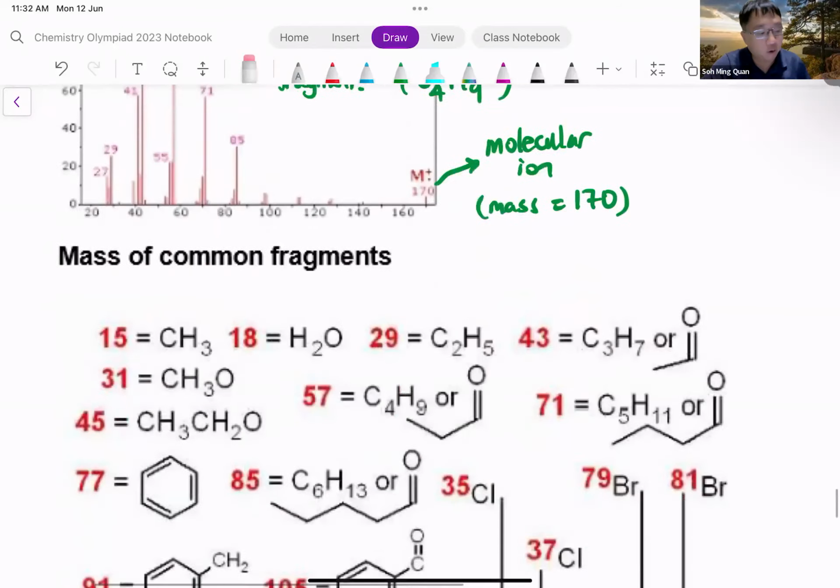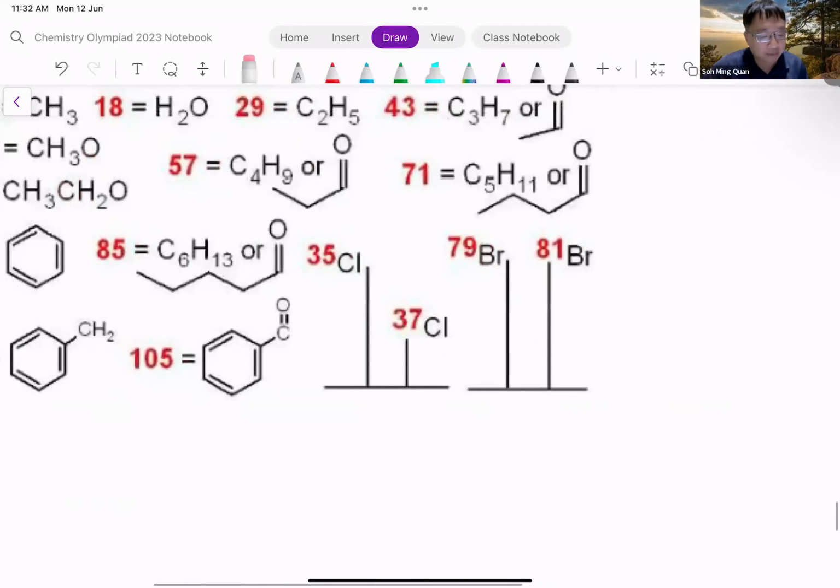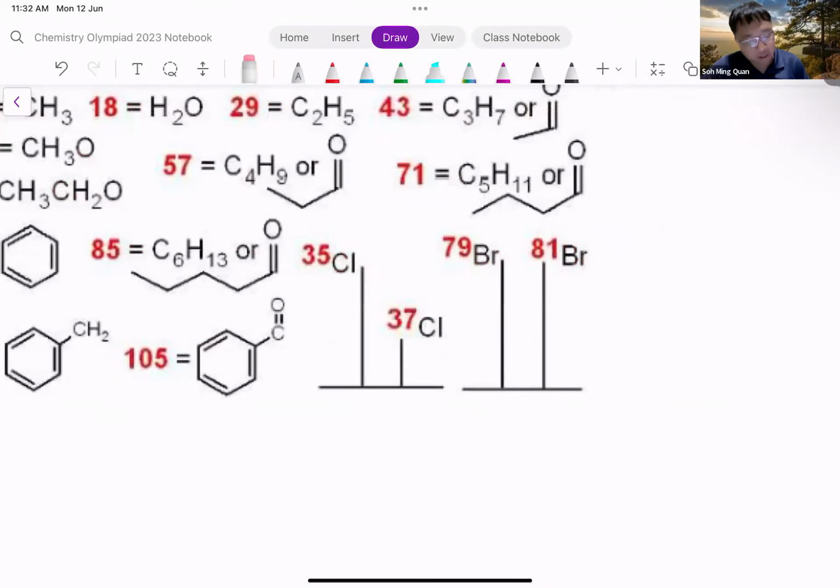Now, before we go, you will realize that there are some interesting mass spectra. This is one of them, all right? And I'm sure you've seen this before. This is the mass spectrum of, say, Cl2, chlorine. For chlorine-containing substances, you will commonly see this mass spectrum. This is because of the isotopes of chlorine.